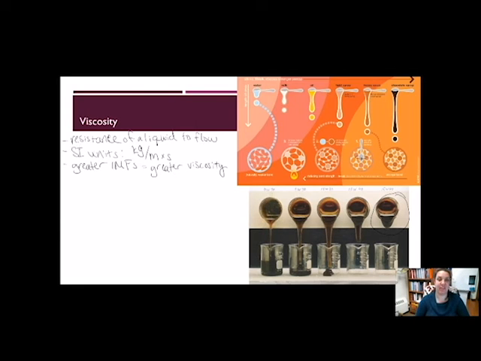So if we have things that have very large surface area, we're going to have greater viscosity. Another thing that's going to play a large role is the shape and flexibility.